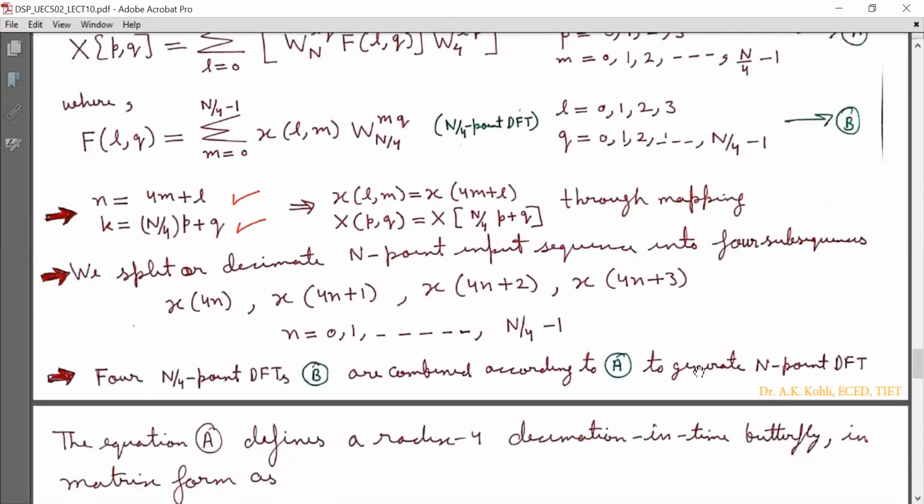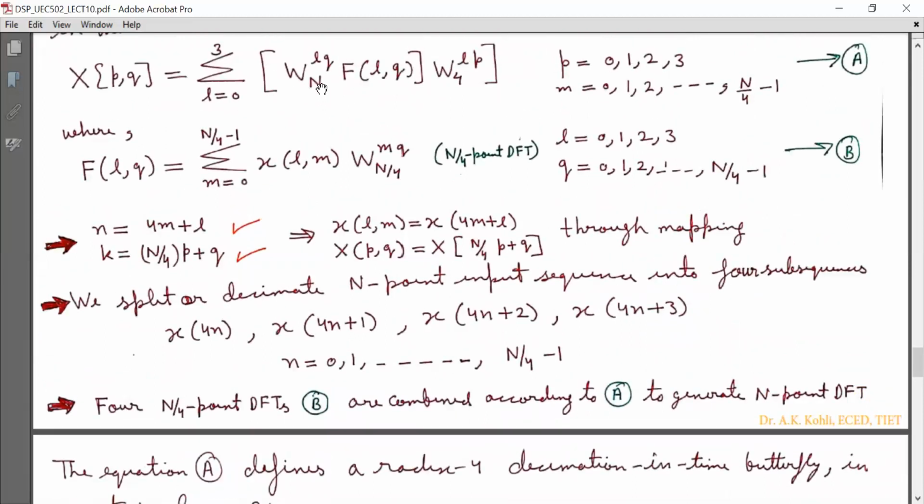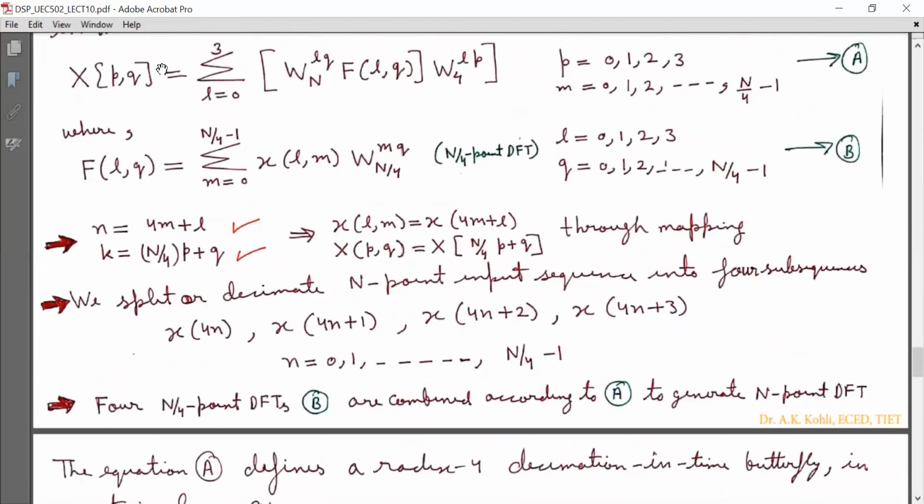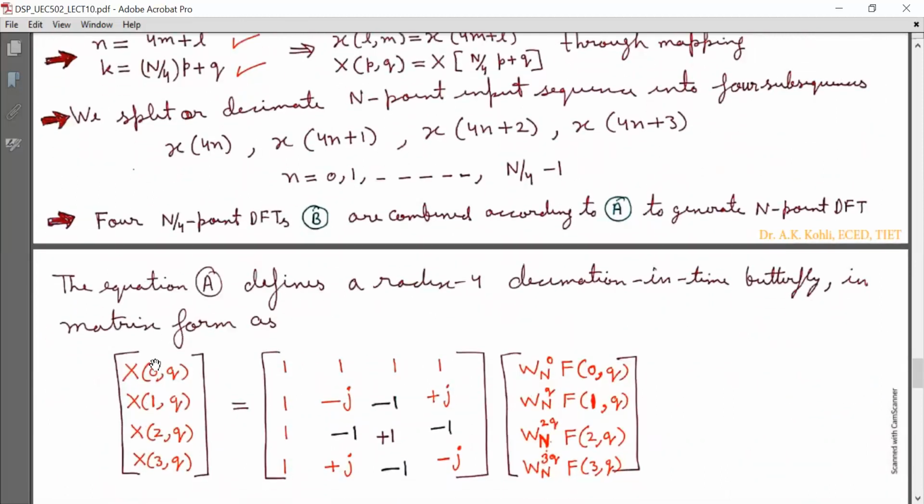Now, equation A defines a radix 4 decimation in time butterfly in matrix form as this equation: x0q, x1q, x2q, x3q in vector form equal to this matrix into w raised to power 0 f0q, w raised to power q f1q, w raised to power 2q f2q, and w raised to power 3q f3q.